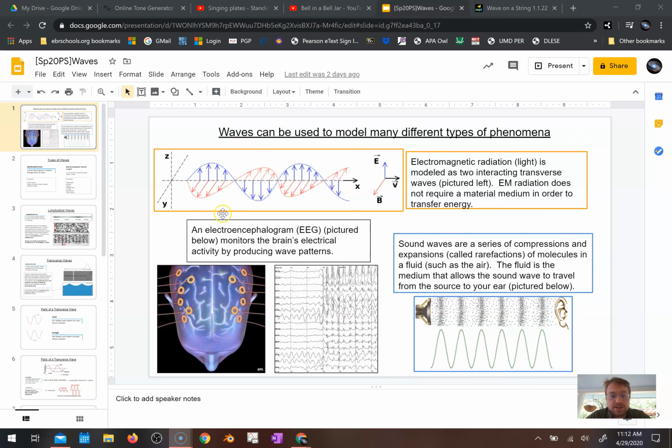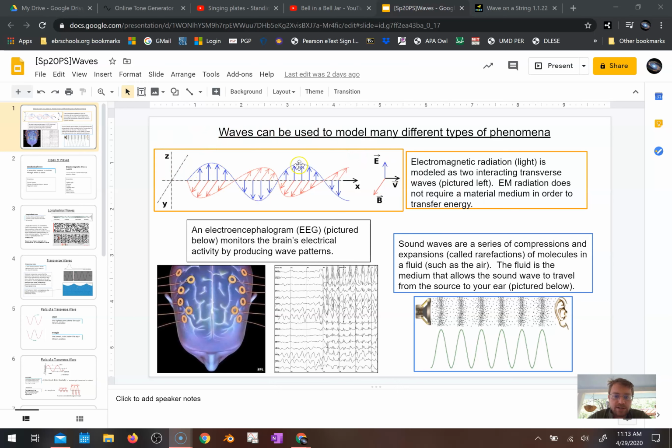Just as some examples up here on this slide, here's a mathematical picture on the top in orange of a light wave, or what we call electromagnetic radiation. That could be light that we see. That could be radio waves that we use for communication. That's also light. Microwaves, that's also light. Or gamma rays or X-rays, which are much more energetic forms of light, and can all be modeled with waves.